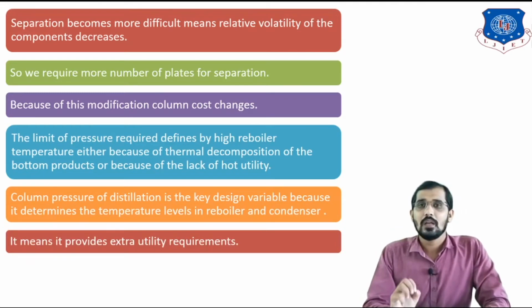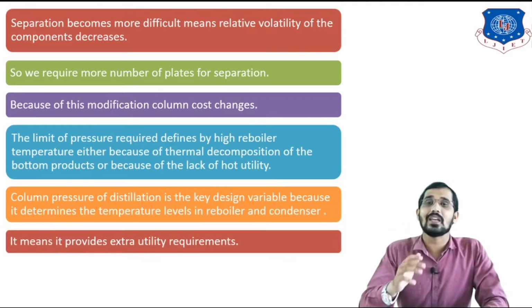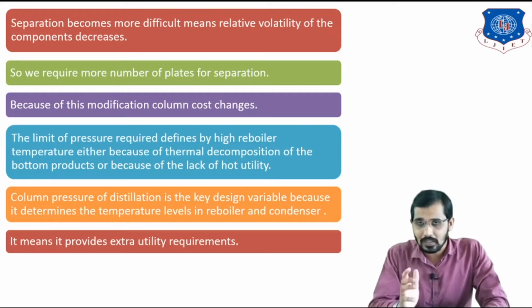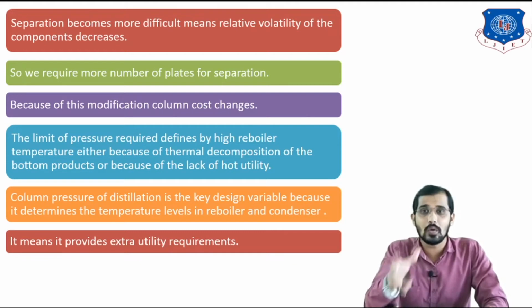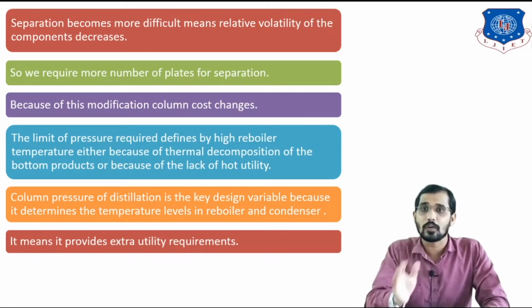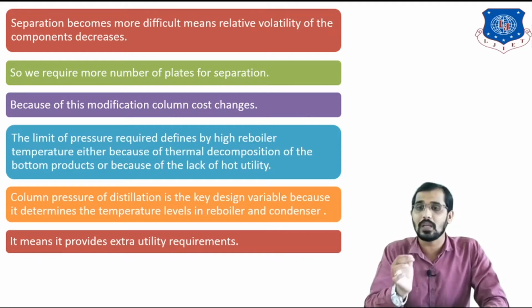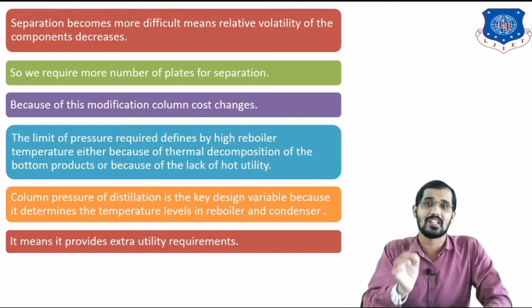And it provides an extra utility requirement, meaning hot utility for the cold streams and cold utility for the hot streams, that is extra utility requirement for the distillation column.